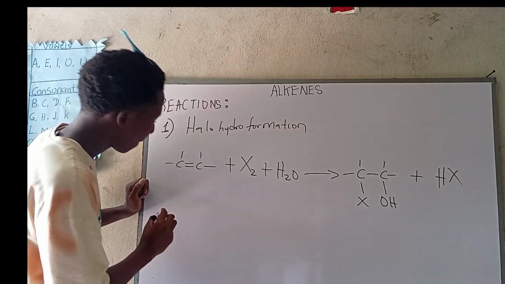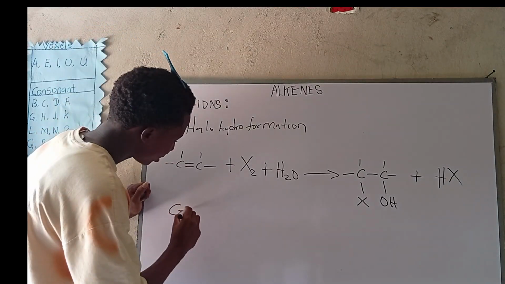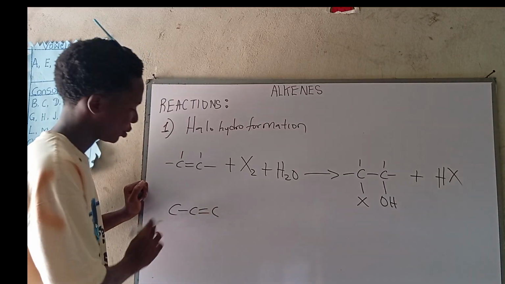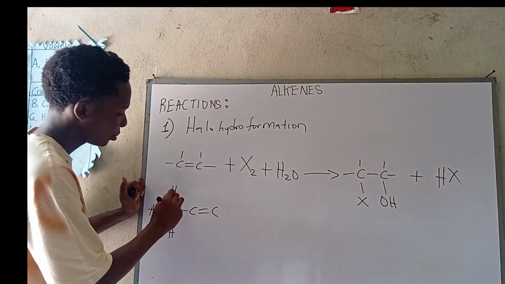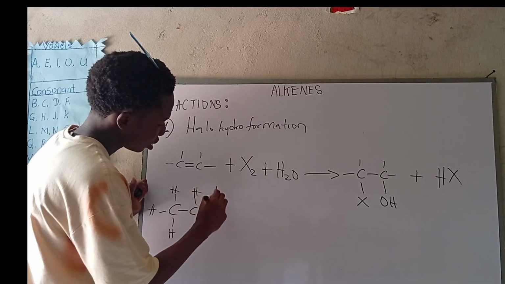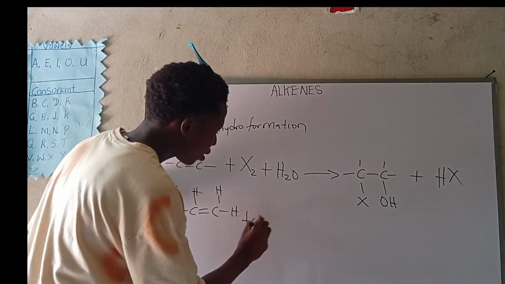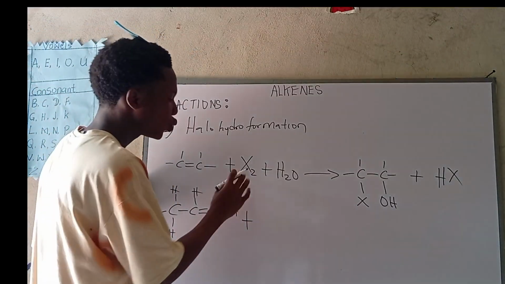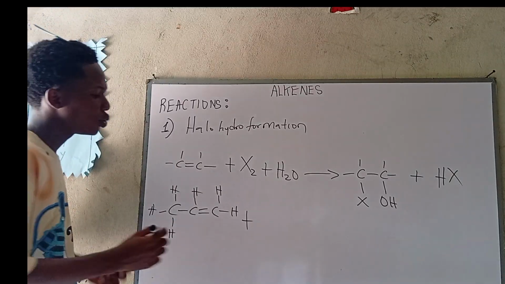So let's use propene. One, two, three. We balance our hydrogen ASAP. Now if we react propene with a halogen, which halogen are we going to use?